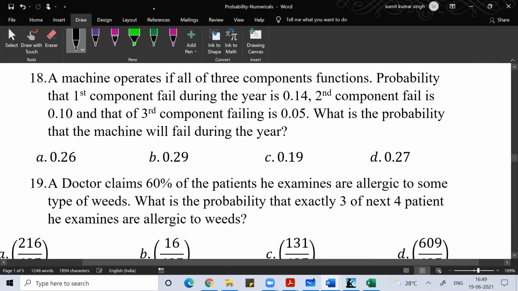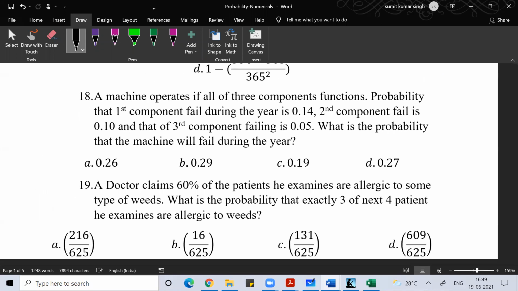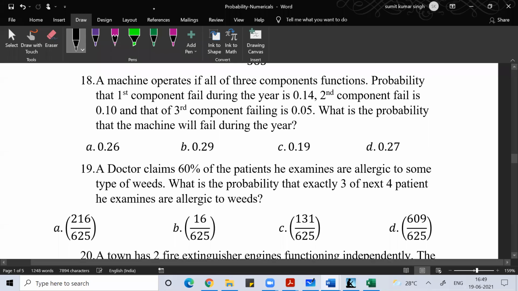Guys, try this question 18, 19. You understood, right? Whatever I did for you, have you understood that? Anyone have any doubt? Clear, right? Everyone, try this question 18, question number 19.